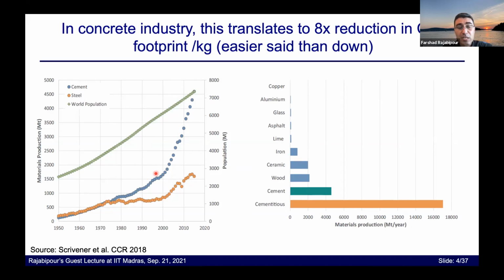As such, it is foreseeable that this current high reliance on cement and concrete materials is going to continue in future. At the current rate, cement consumption is forecasted to increase by a factor of 4 by 2050. If we simultaneously want to cut the CO2 emissions by half from today, we have to do a factor of 8 reduction in the CO2 footprint per kilogram, which is quite an ambitious goal.